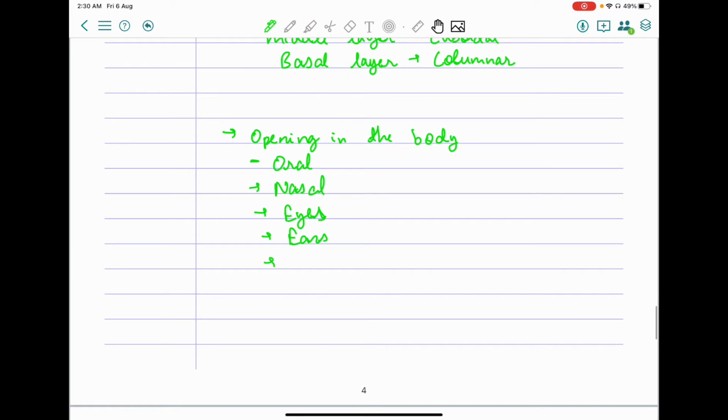And then our perineal layer, and what comes in the perineal layer? That is the urethra, and what else? Vagina, and what else? That is the anal canal.